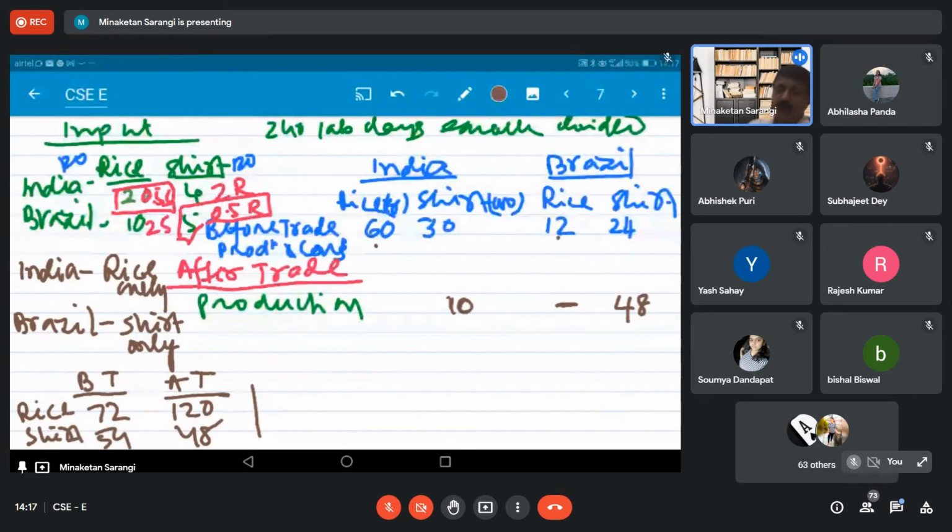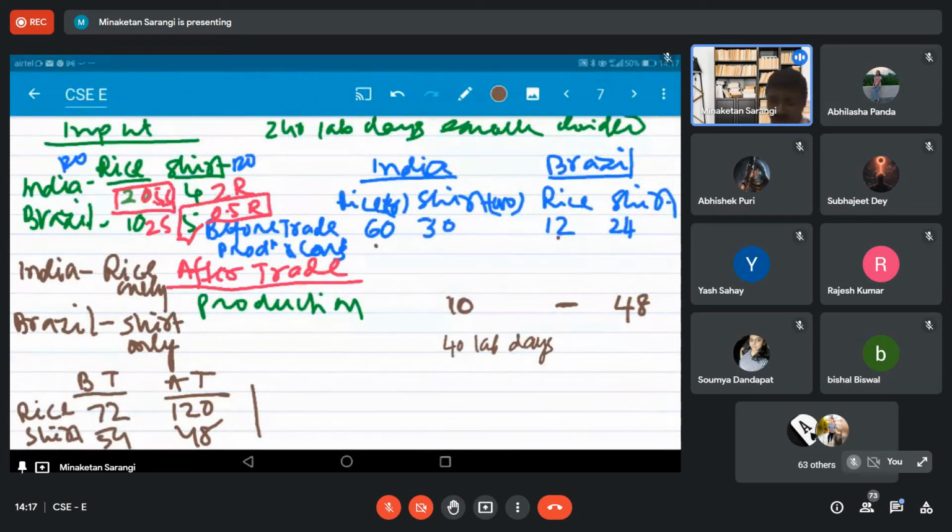Now, to produce 1 unit of SAT, India requires 4 labor days. To produce 10 units of SAT, India requires 40 labor days. Now, India possesses 240 labor days. Out of the 240 labor days, 40 labor days have been utilized for production of SAT.